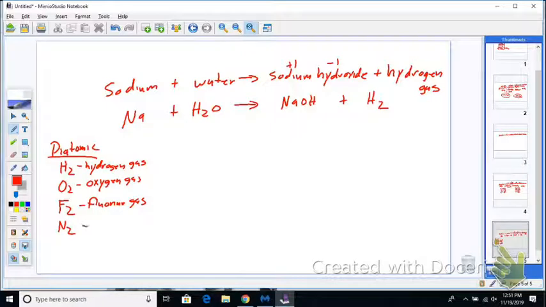N2 is nitrogen gas. Cl2, chlorine gas. Br2, and that's not a gas, it's a liquid, so I'm just going to put Br2 for bromine. And then I2 for iodine.